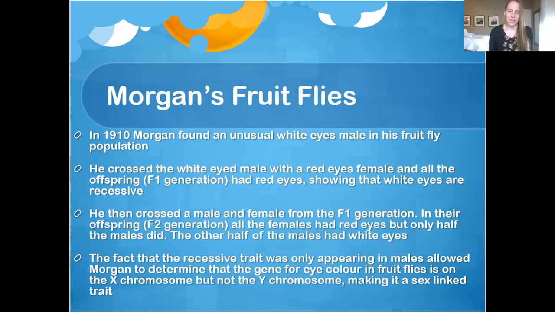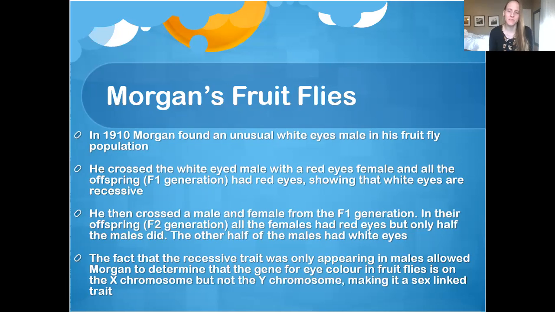Then he picked a male and female from that F1 generation, who, remember, all had red eyes. And in their offspring, the F2 generation, all of the females had red eyes, but only half of the males did. The remaining half of the males had white eyes.